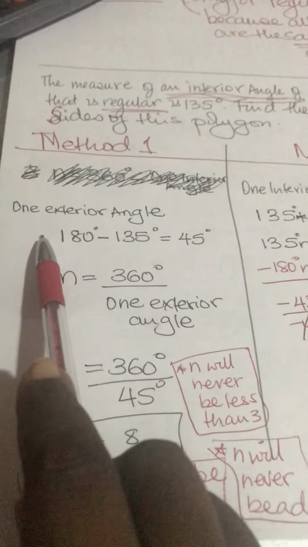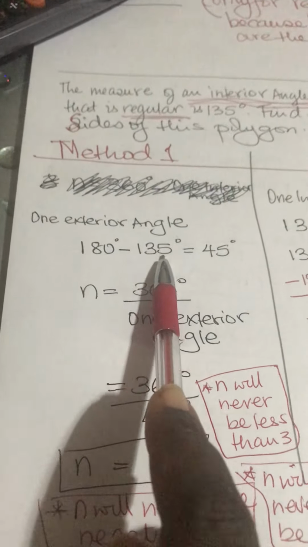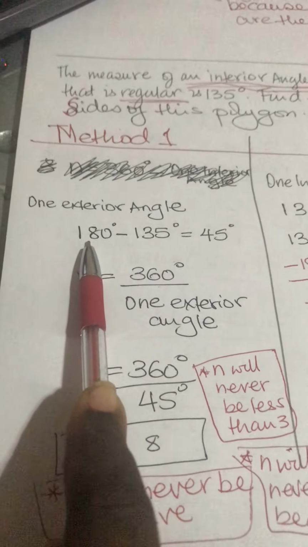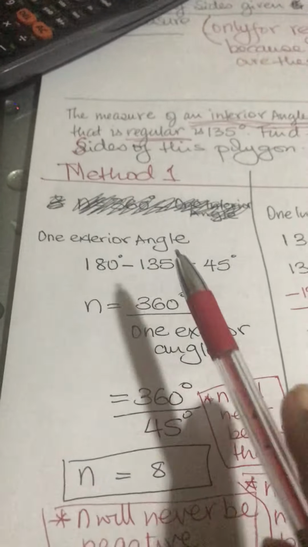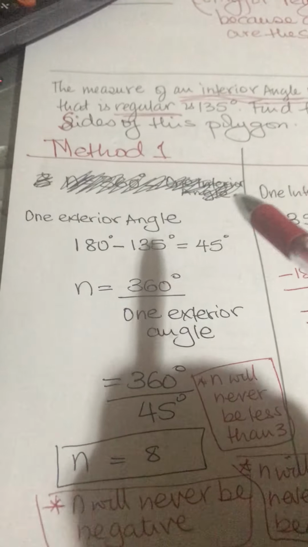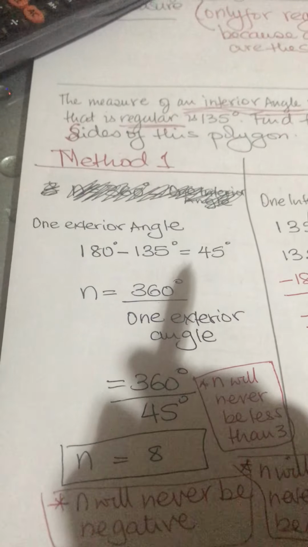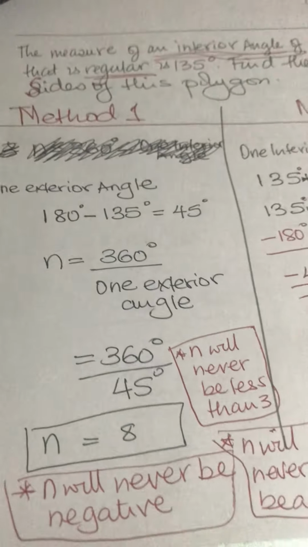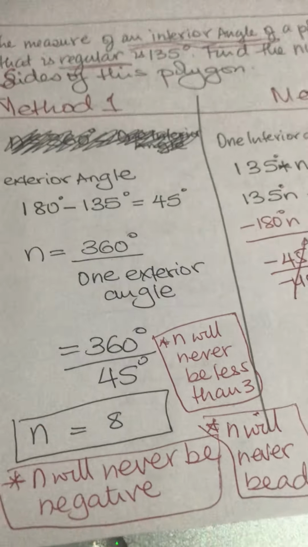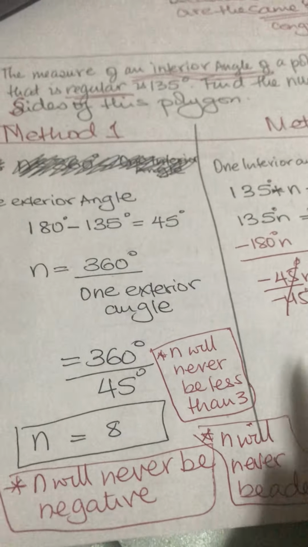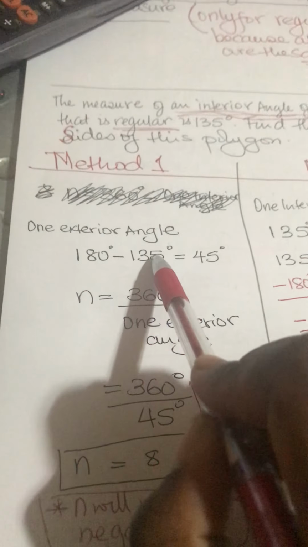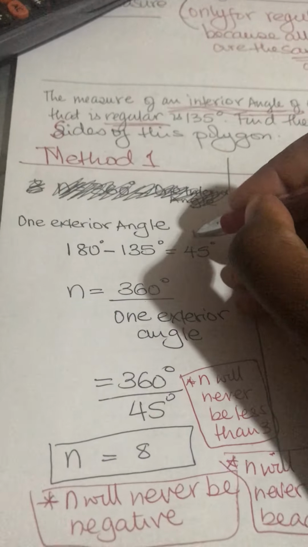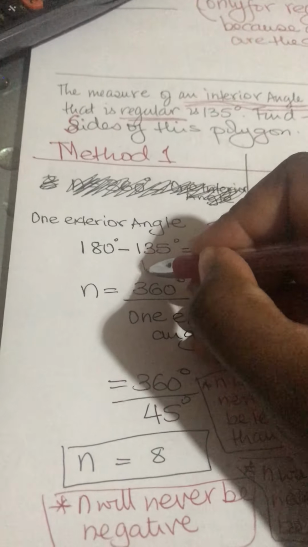Okay? So, Salama told me I need to subtract 135 from 180. Because the exterior angle and the interior angle are supplementary. Because the exterior angle and the interior angle will always add up to 180 degrees. So I need to find one exterior angle. So this is the exterior and this is the interior angle.